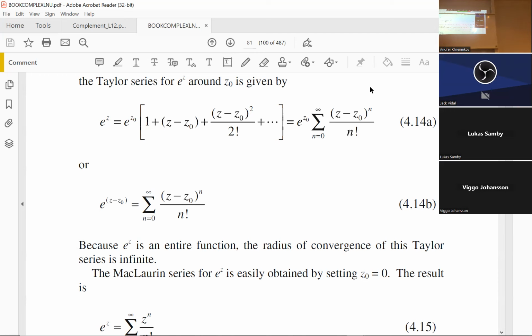It is the same as this, no? Because what is the absolute value of z to the degree n? It is the absolute value of z to the degree n. And you can check the absolute value has such a property: the absolute value, or modulus, of a product is the product of the moduli, as for real numbers, for complex numbers you have this. So this series converges for any complex z, so it is less than infinity.